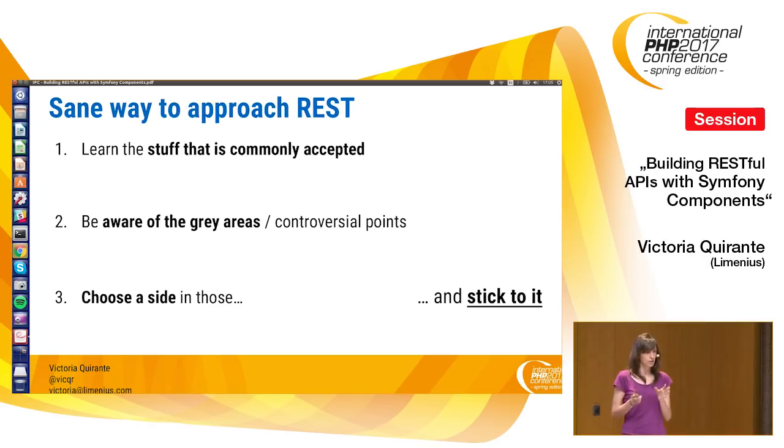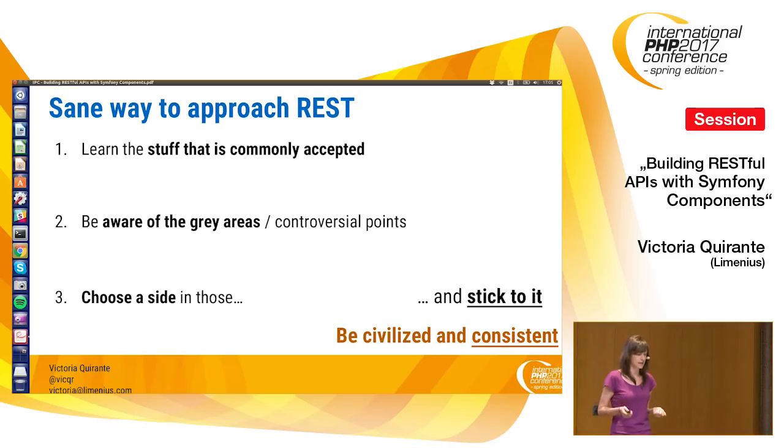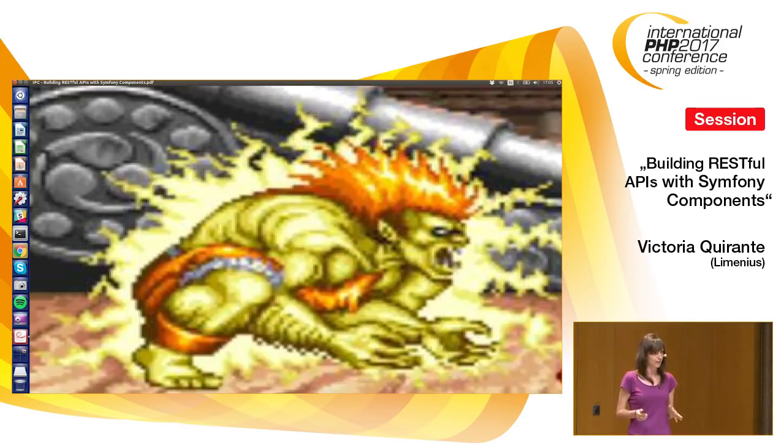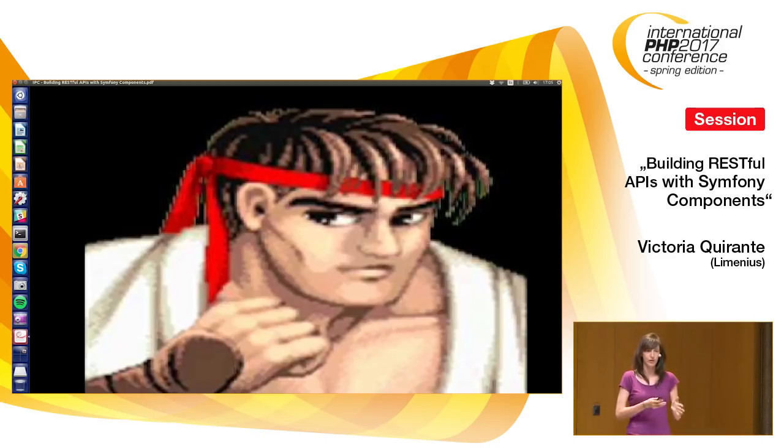I mean, you need to be very consistent when building your API following these decisions, okay? So to summarize all this, building APIs has a lot to do with being civilized and consistent, okay? It's not so much becoming something like this, it's more like being calm and consistent with your decisions, right?